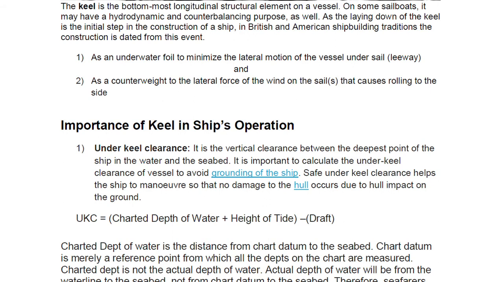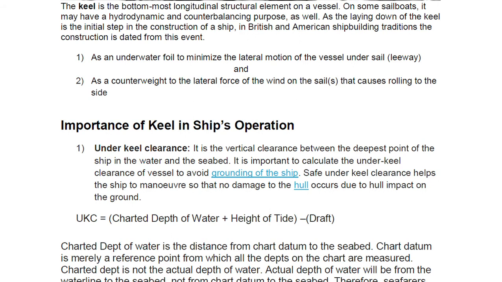And the importance of this is that all deck officers calculate the UKC, that is, under keel clearance. Going through a topic doesn't mean you directly jump into that aspect, because we need to know the significance and have a background of the aspect, and then we can go on. My idea is that you need to have a holistic understanding of the topic.